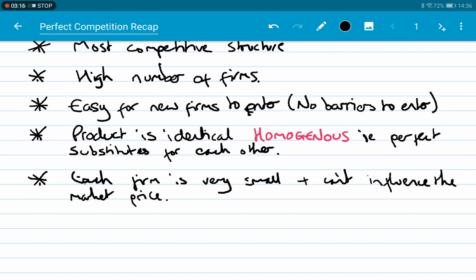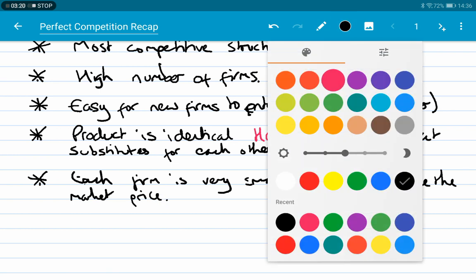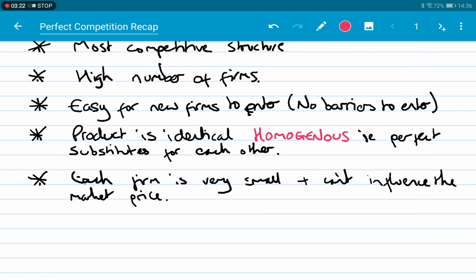And if you remember, we said that them not being able to influence the market price makes them price takers.